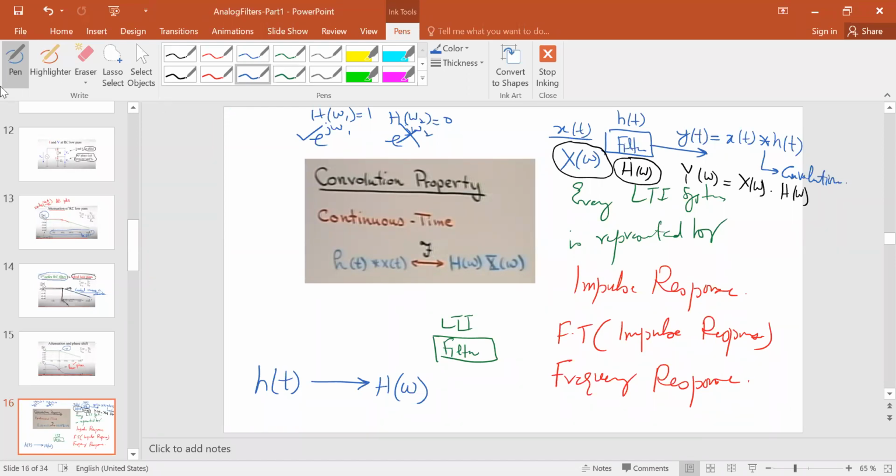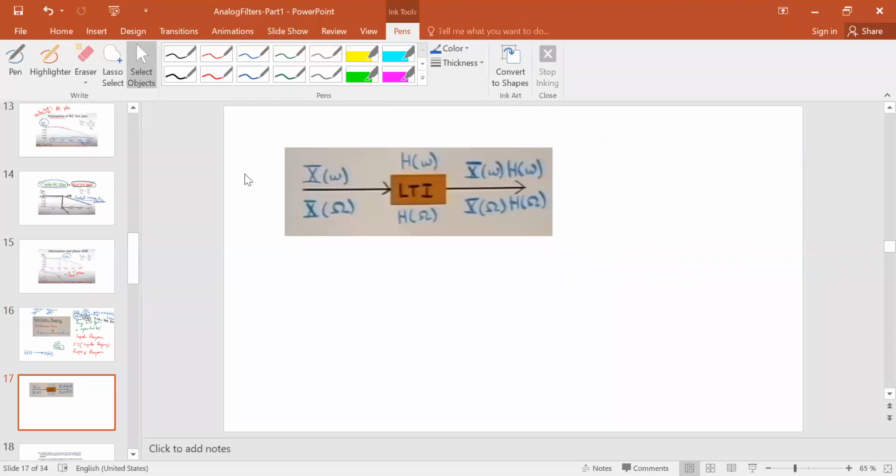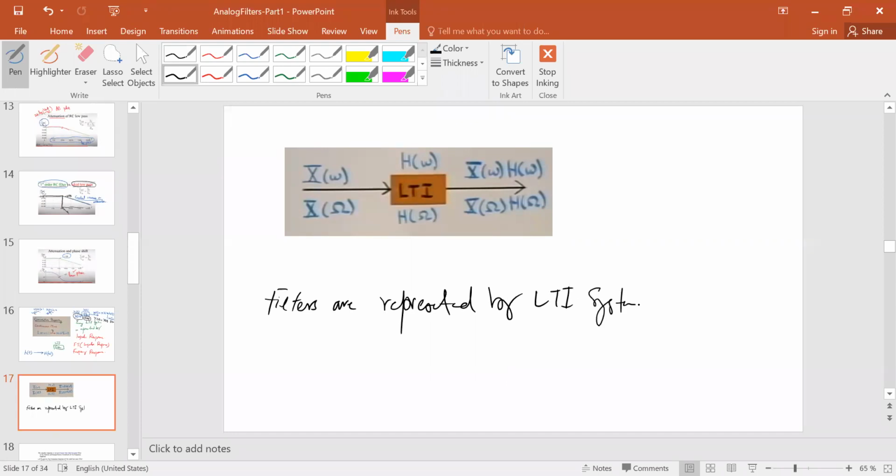So now let us move towards the next part, which is our LTI behavior. You can see very clearly here that filters can be represented in signals and systems by an LTI system. So we say filters are represented by LTI systems for simplicity.